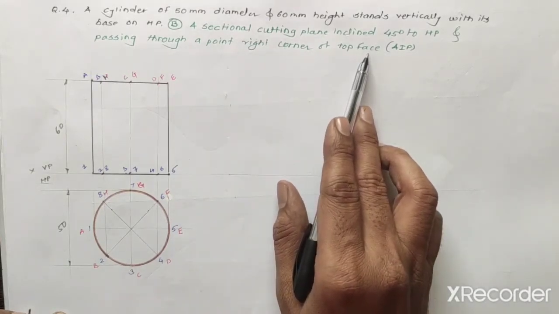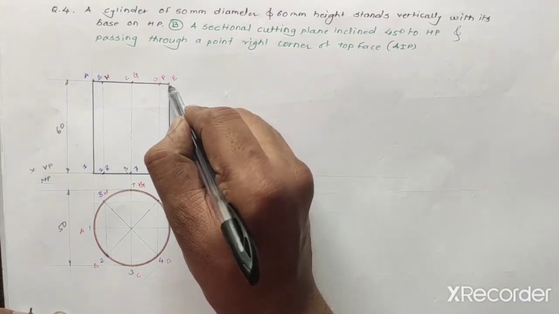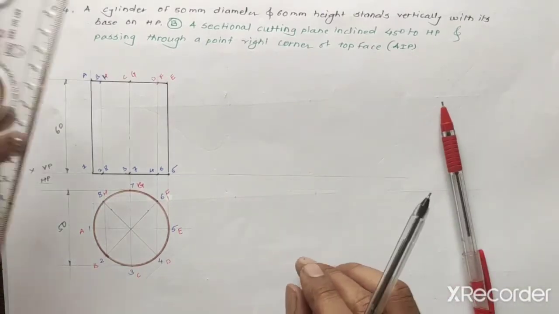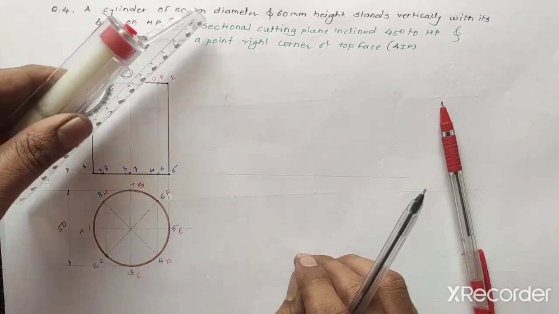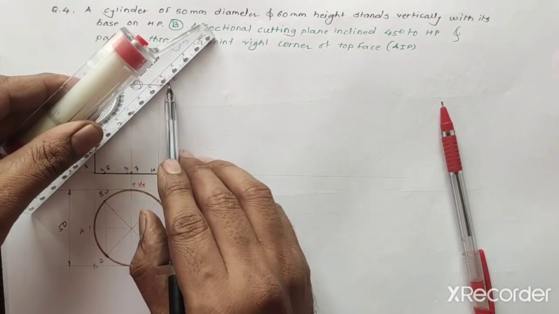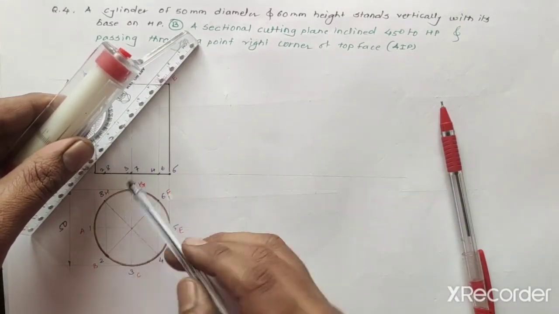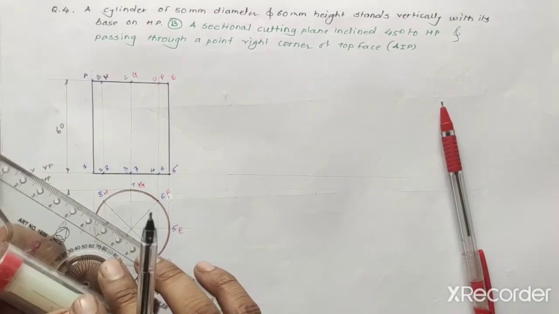This is the right corner of the cylinder, and the cutting plane passes through this point. It cuts the cylinder exactly at the right corner and makes an angle of 45 degrees to the HP.